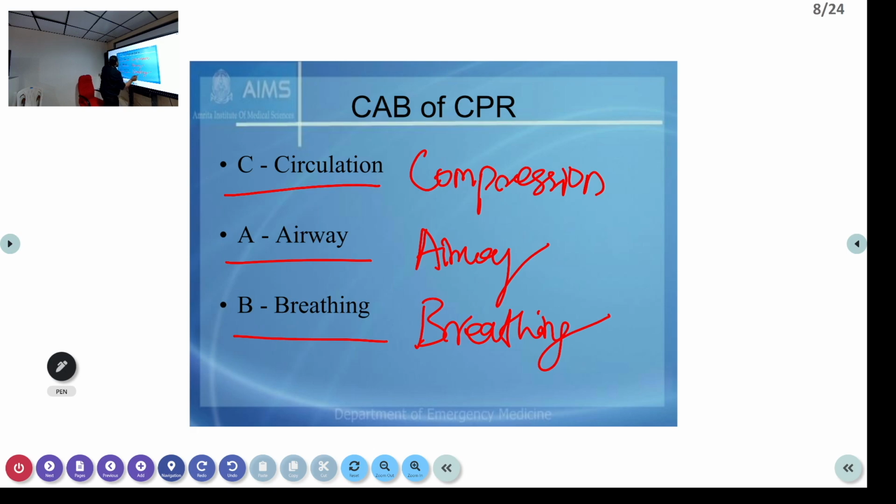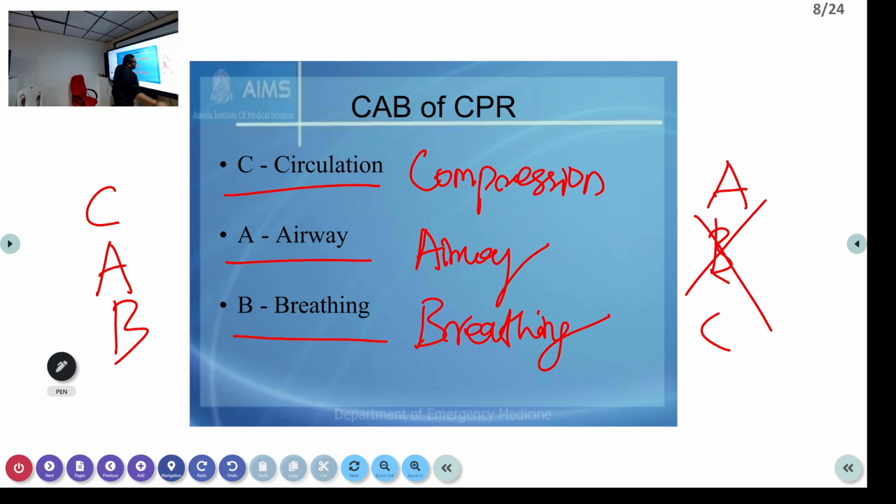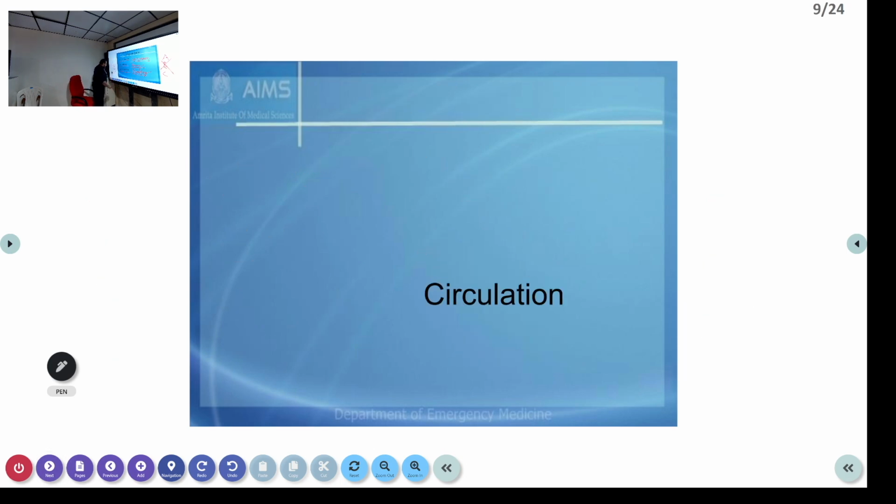You have to remember it is C, A and B, not A, B, C. A, B, C is for your patient that you are resuscitating in the ER. But when you are doing CPR, the priority is circulation, that is compression, maintaining the airway and adequate breathing to the patient. So that is the CAB of the CPR.